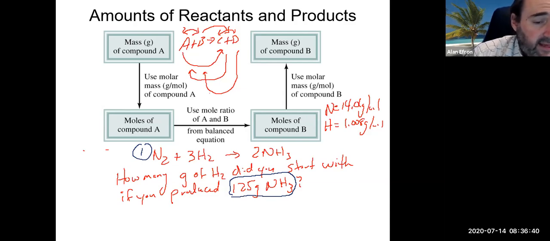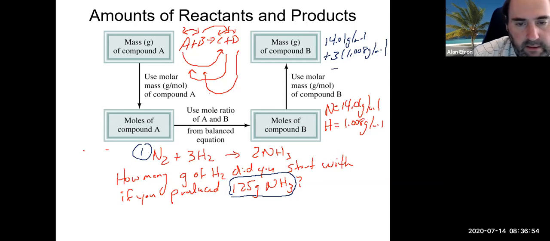In this case, we have NH3. Again, from the periodic table, nitrogen is 14.01 plus 3 times our hydrogen, which gives us a molar mass for NH3 of 17.03 grams per mole.